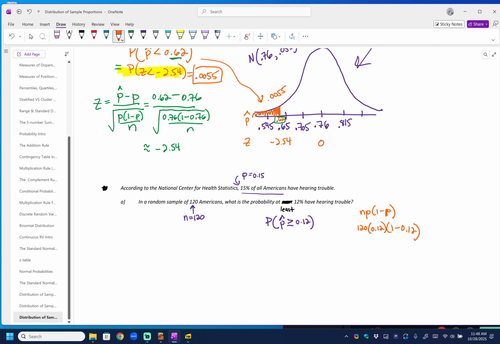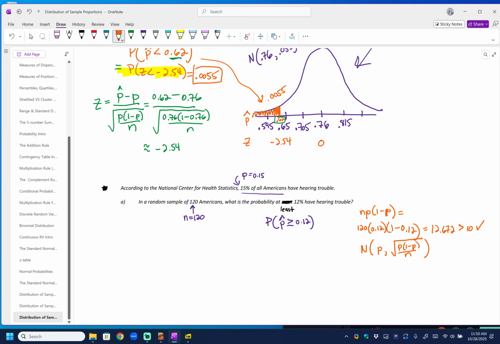This is going to give us a value of 12.672, which we now know creates a normal distribution because it's greater than 10. Just remember that a normal distribution in the world of sample proportions is going to be p for the mean, and it's going to be the square root of p times 1 minus p over n for the standard deviation.